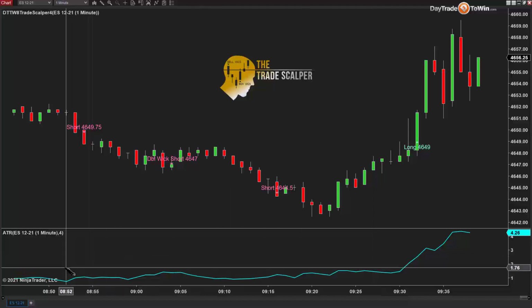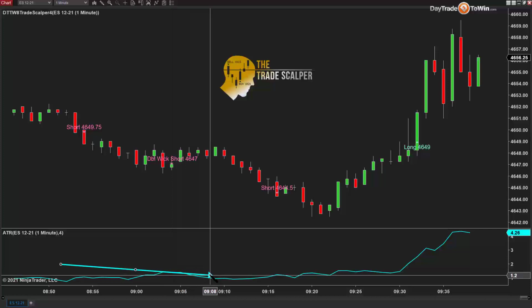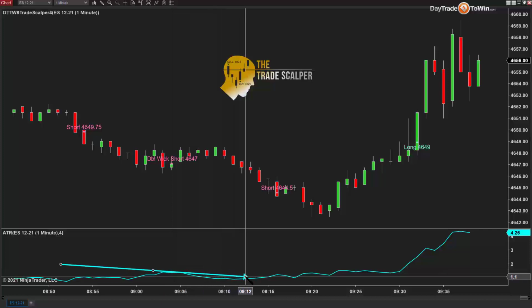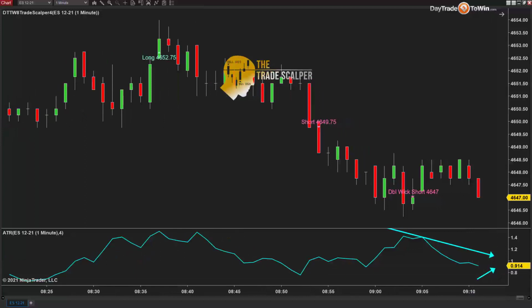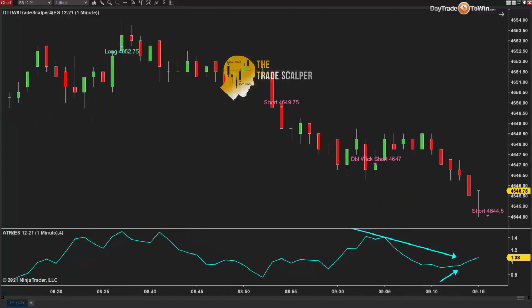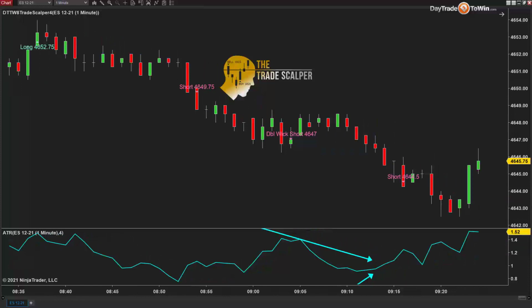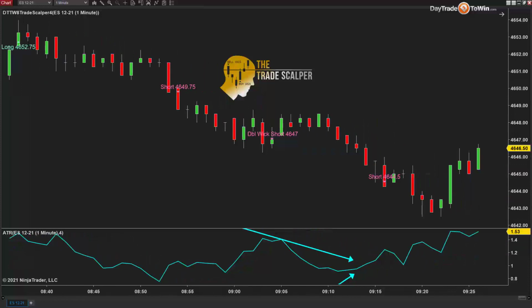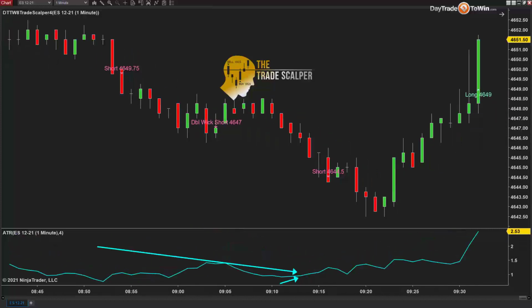So for example, pre-market, you can see the market is a little bit slower, about 1.5 points, because the ATR here shows me this value at any point in time. So that means each candle moving into the future can move 1 point, 1 point, 1 point. And so this is my expectation as far as movement is concerned. Not necessarily a buy or a sell, it's the distance the market's going to move.